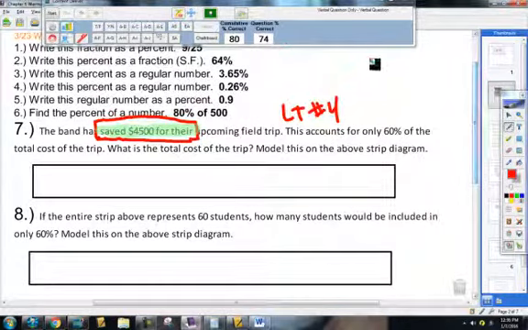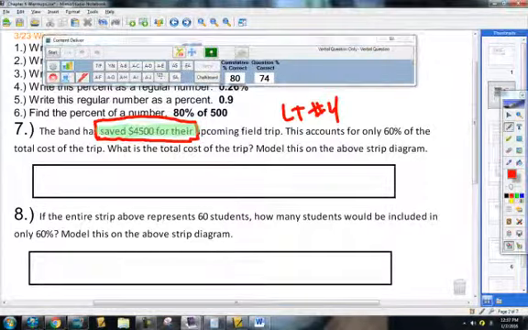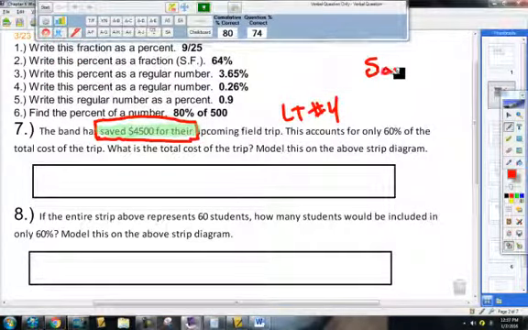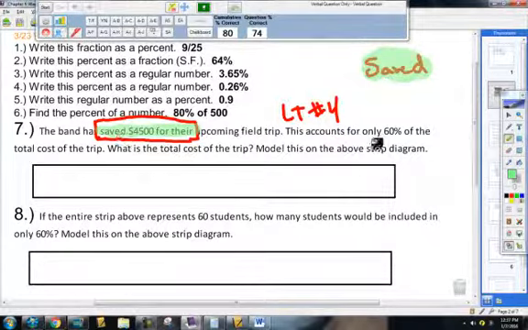So I'm going to write the word saved because that's how much the band has saved. Okay. I just know that's how much they've saved. It doesn't mean it's the part, doesn't mean it's the whole. We'll get to that later. So that's how much they've saved for their upcoming field trip.